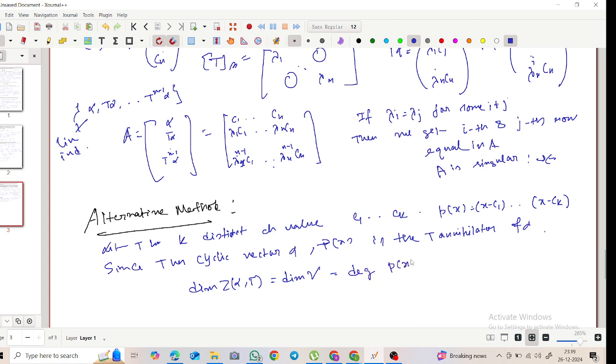Degree of px, right? Which is k. So you see, dimension V is k. This means k equals n basically, since this is n. Okay, now let's move on to B.